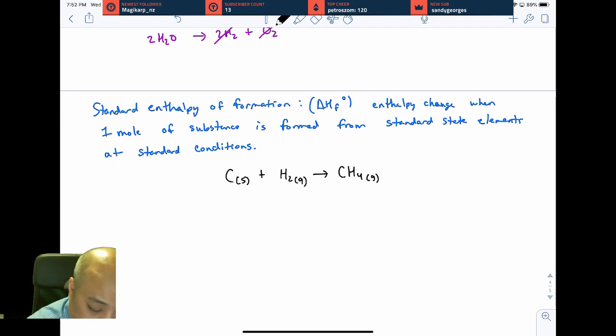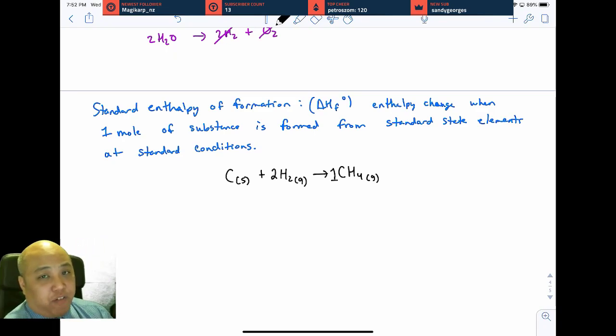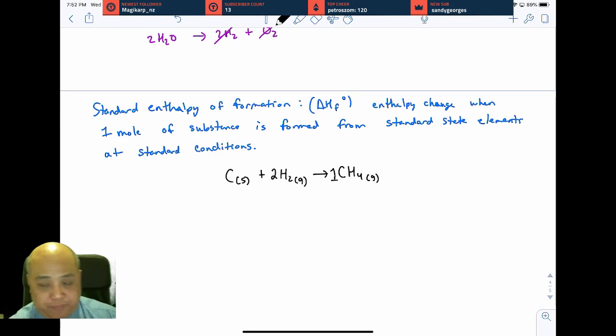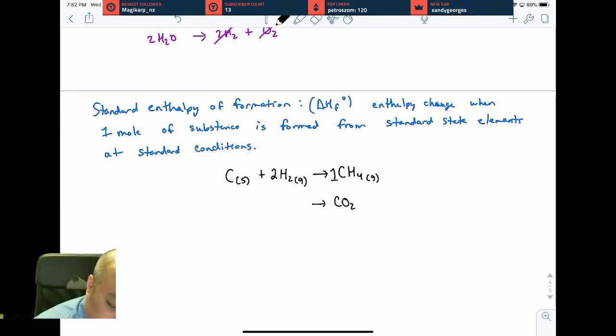Now, to balance it, you need 2 H2s. So then now it's balanced. Again, this has to be 1 when you're balancing it. So make sure you keep that in mind. This is one of the rare times that you can have fractional coefficients, and it's okay. Let's do another one. Let's say you had CO2 gas. Well, that's, again, carbon solid and O2 gas.